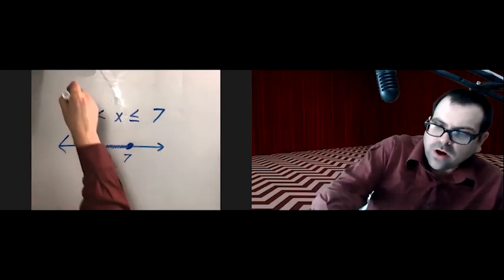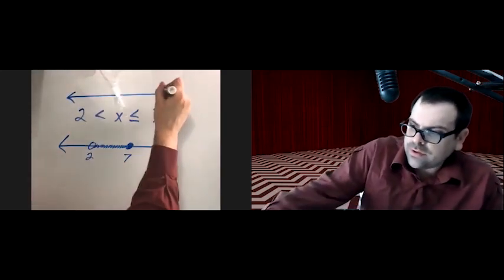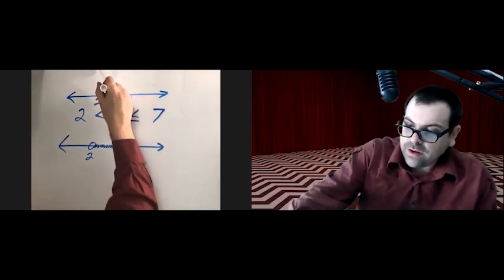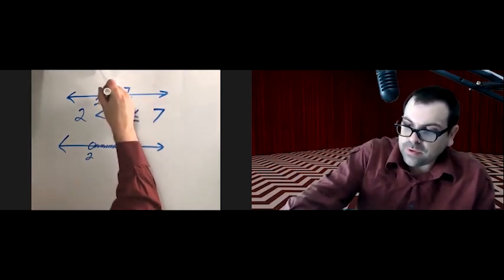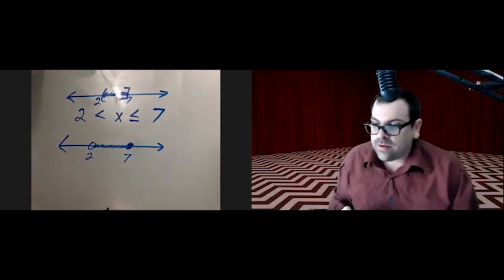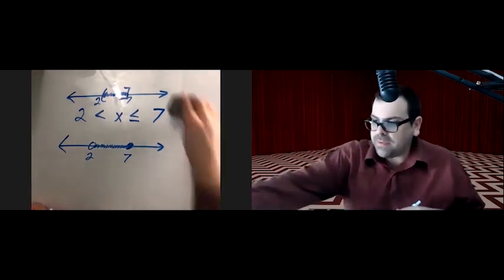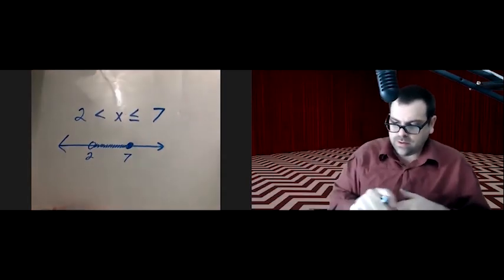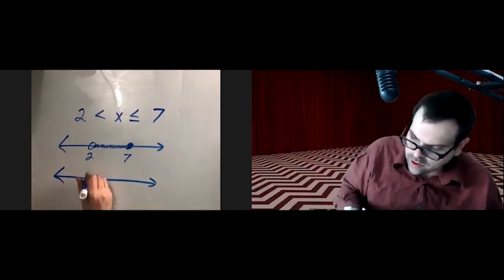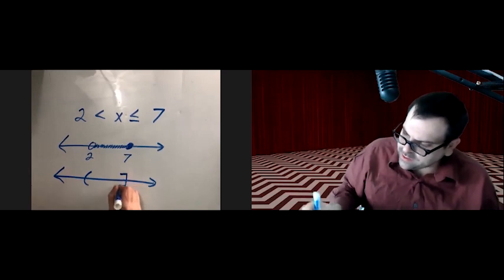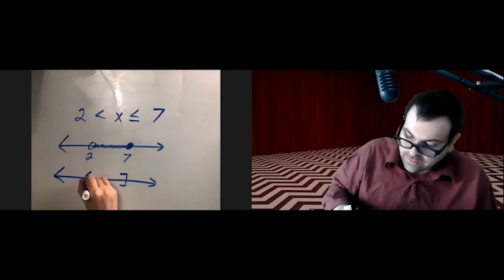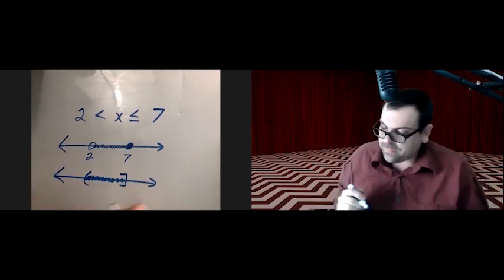If we did it with our new symbols, 2 and 7, a parenthesis and a square bracket. I'm going to copy this down here. A parenthesis and a square bracket at 2 and 7. Filling in everything here.